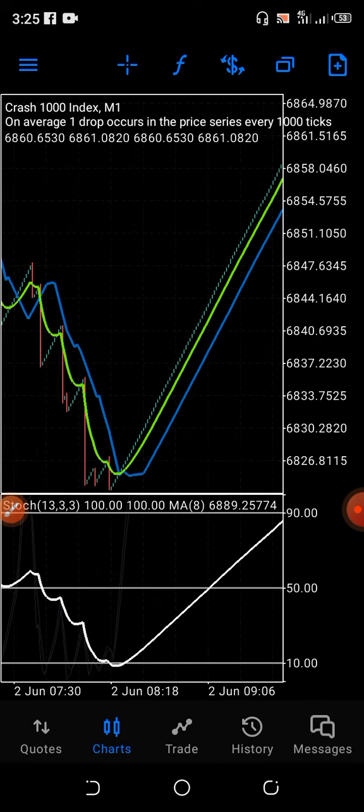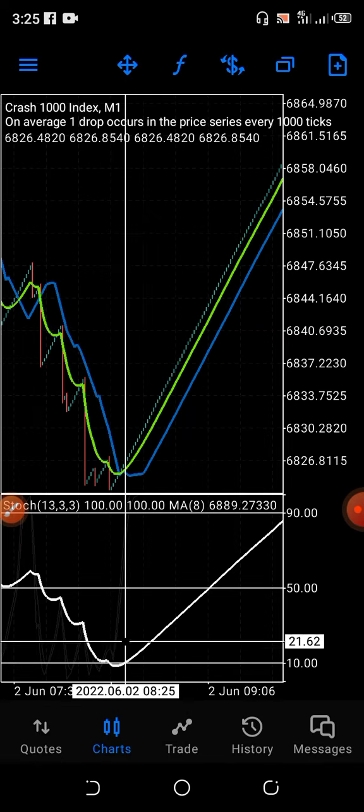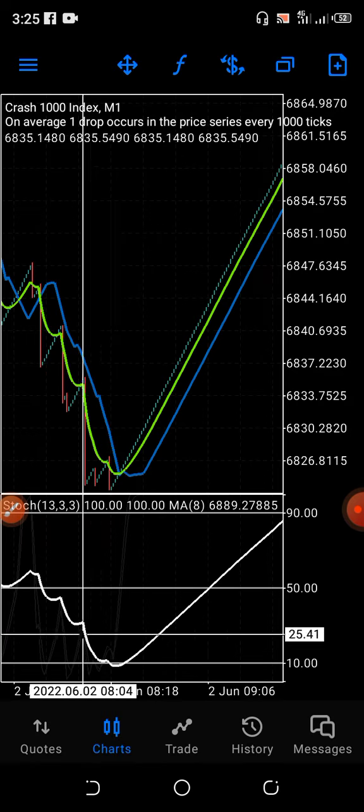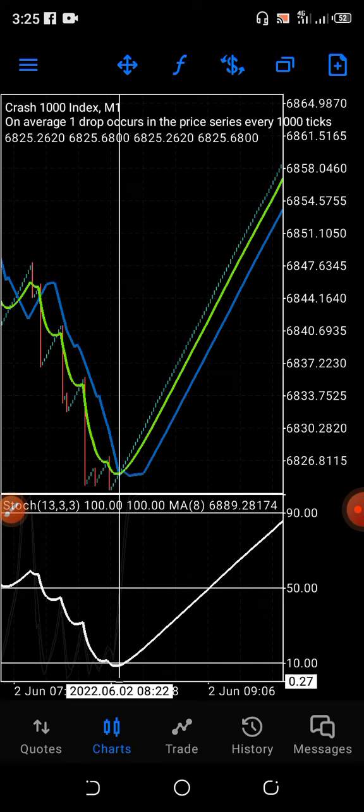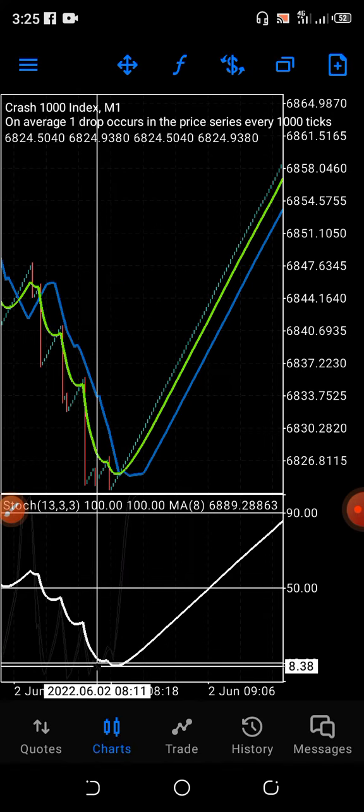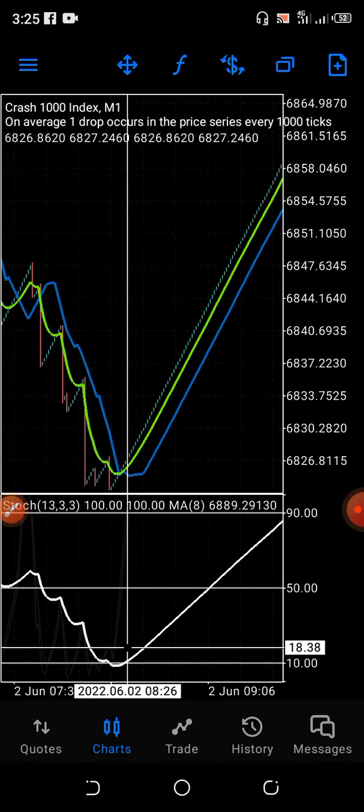How do you know that you can take more than multiple candles? Number one, after a spike has finished, this line will get to the 10 levels. When it gets to 10 levels, not when it wants to touch, it must get to 10 levels and make a curve.